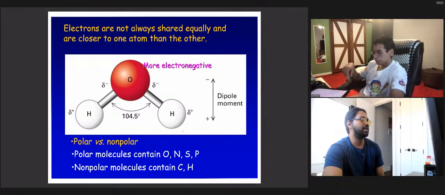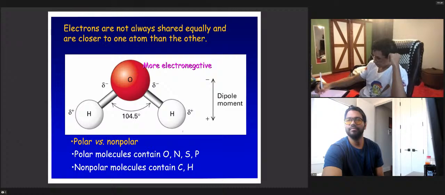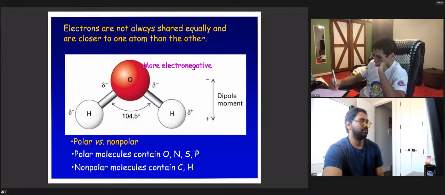So we see partial negative charge is towards the oxygen, partial positive is towards the hydrogens, and so it has a dipole moment.